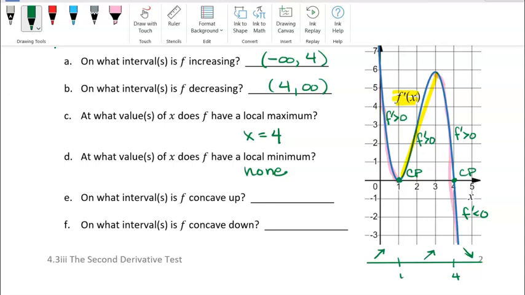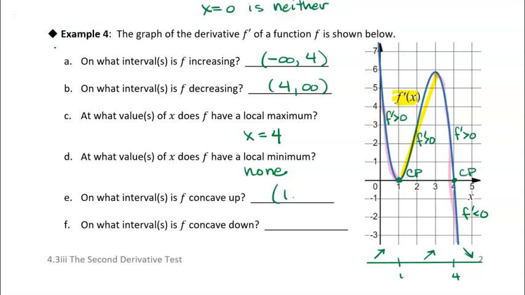So where is f going to be concave up? It's going to be concave up when the slope of the derivative is positive. So between 1 and 3 is where the original function f is concave up. And f is going to be concave down when the slope of the derivative is negative.